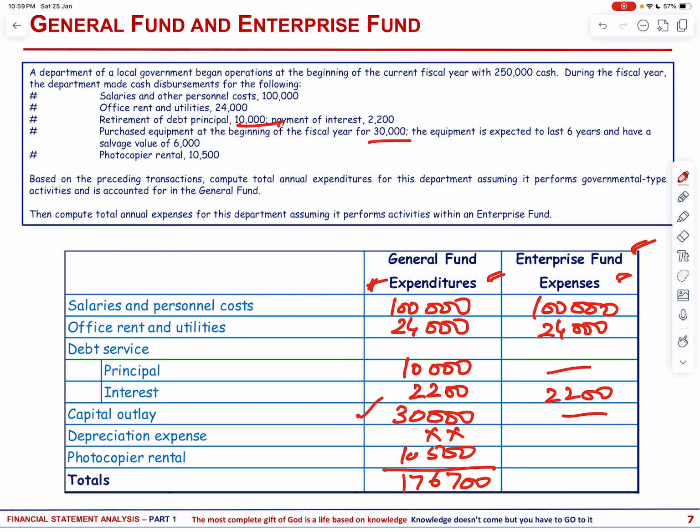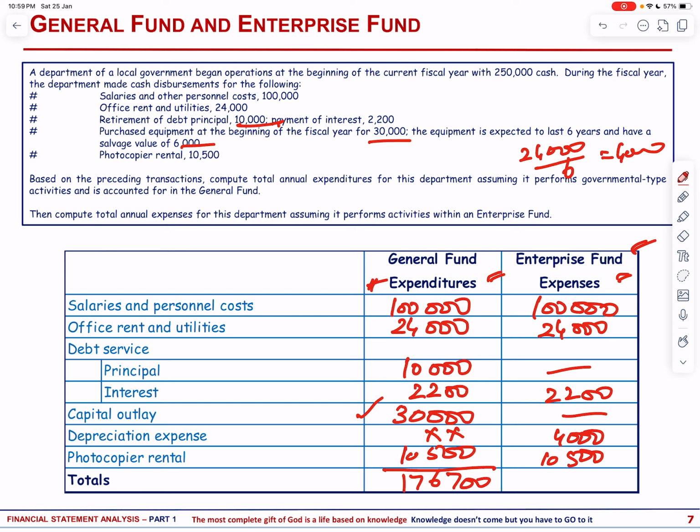Then when we talk about the depreciation, it is 30,000 minus 6,000 salvage value, that makes 24,000 divided by 6, that is equal to 4,000. So the depreciation expense will be recorded for 4,000. Then photocopier rental of 10,500.